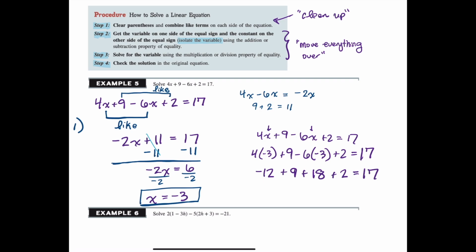Then add this all up, negative 12 plus 9 plus 18 plus 2, that will all become 17. 17 equals 17. True. If, say, we plug this number in and we get something like 2 equals 17, something that's not true, that would mean that we've made some error. We did not find the solution. So, just to show the checking process.